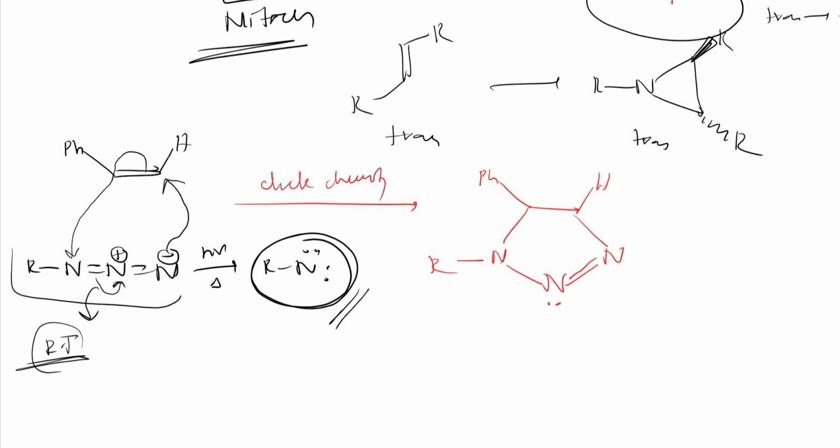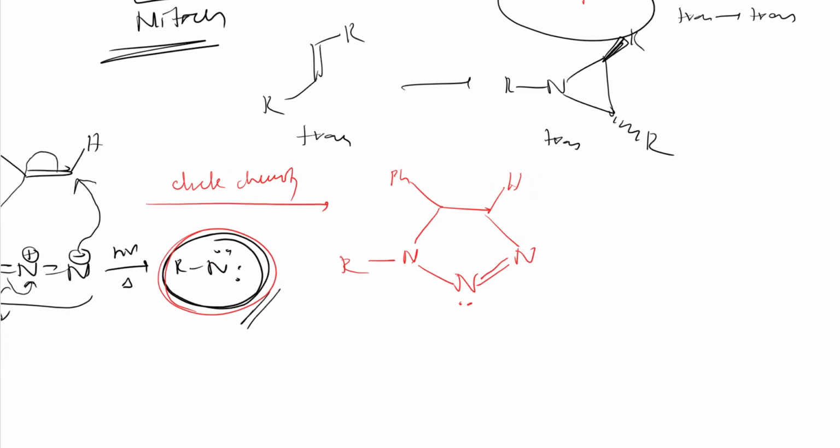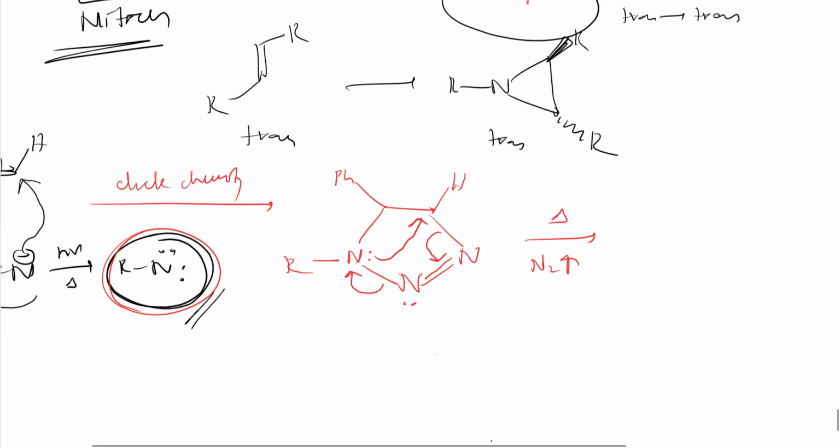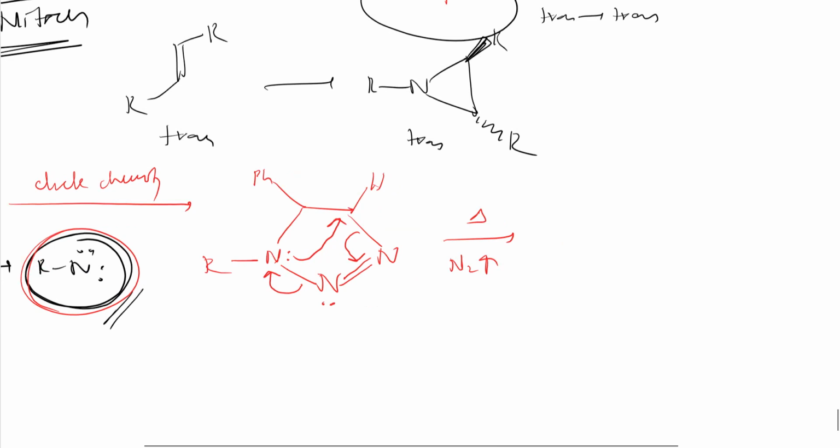We can do nitrogen insertion also. Further, if we heat it, nitrogen gas will be eliminated. How is it eliminated? See here, it has got a lone pair, so it attacks this carbon. This electron density moves here, and this bond comes again to nitrogen, and nitrogen becomes neutral, right? So now I am not showing all those charge things.